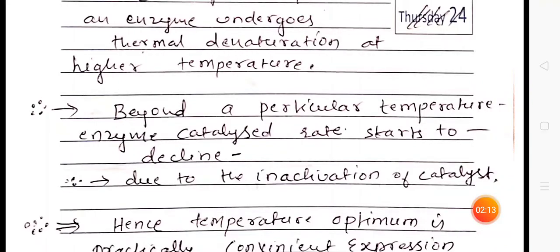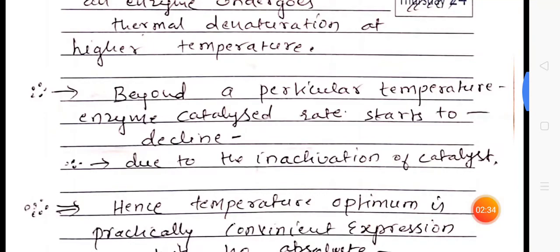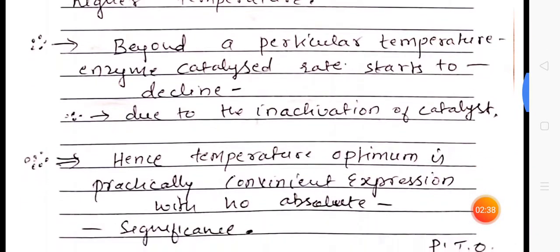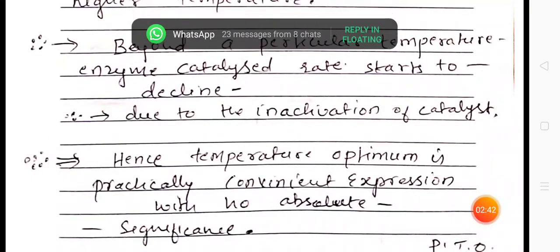Beyond a particular temperature, the optimum temperature, the enzyme catalyzed rate starts to decline due to inactivation of the catalyst, or due to denaturation of the enzyme.